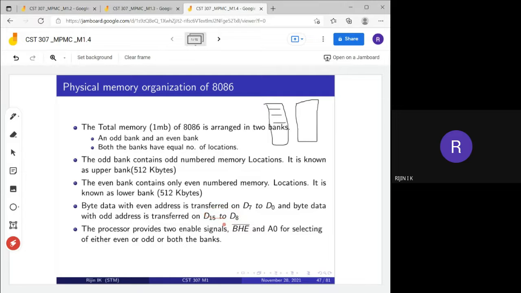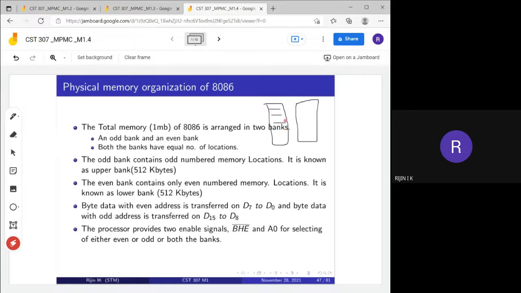And whether the data is accessed from the even numbered memory location, the odd numbered memory location, or both, it is decided by two pins, that is BHE and A0. Based on the values of BHE and A0, it will select either the even bank memory location, the odd bank memory location, or both.